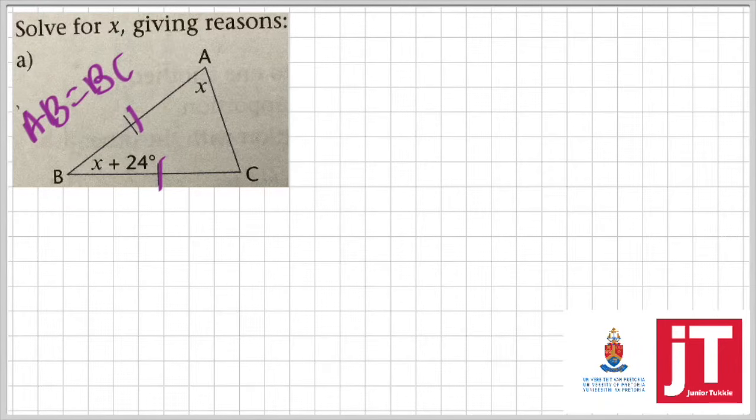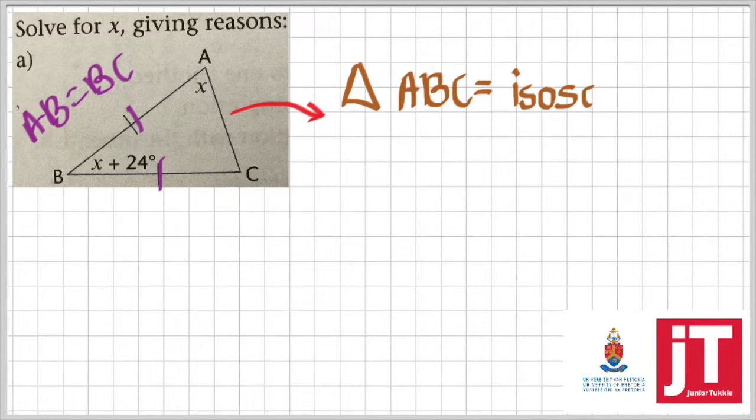Because those two sides are equal, we can conclude that triangle ABC is an isosceles triangle. From theory, isosceles triangles have two sides which are equal and also two angles which are equal. So my next question is, which two angles are equal?